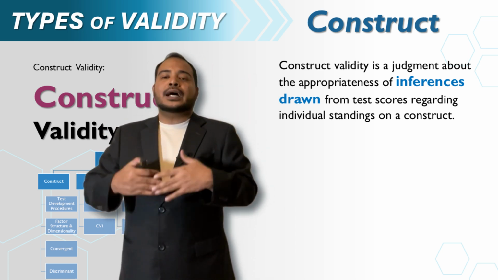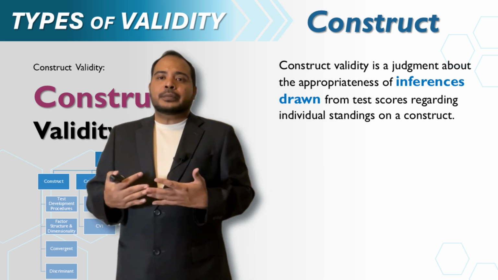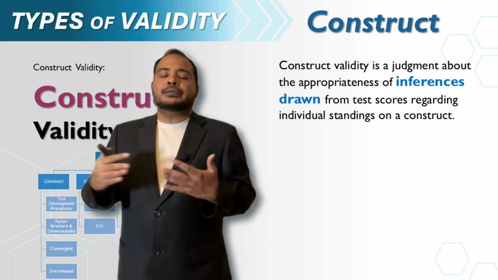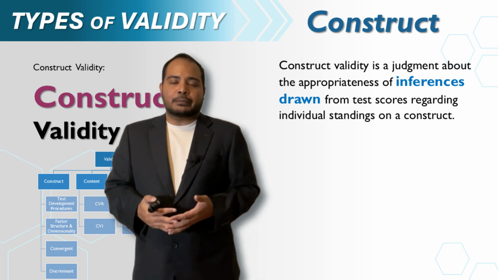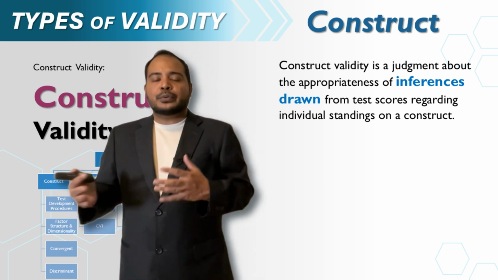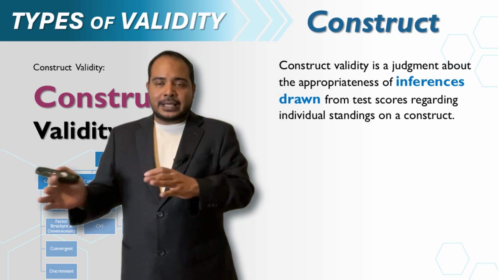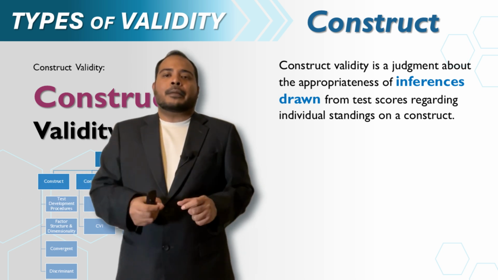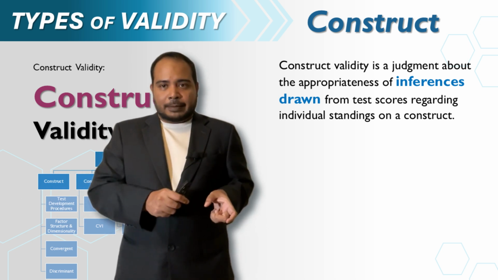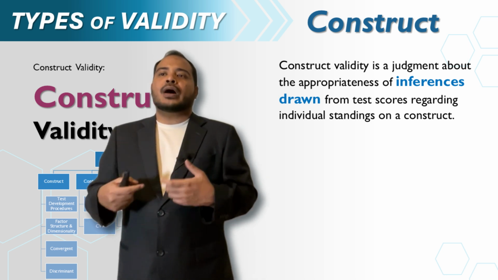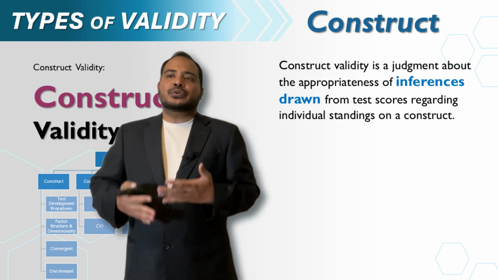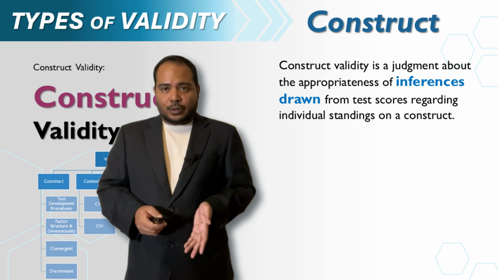This allows us to make an inference about the behaviors and characteristics of a highly motivated person. Why can we do this? Because the test demonstrates proper construct validity. Construct validity allows us to make accurate inferences from the test score.